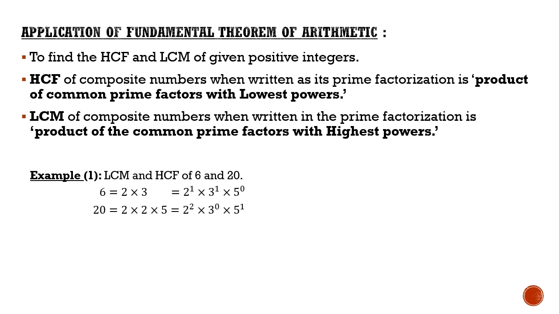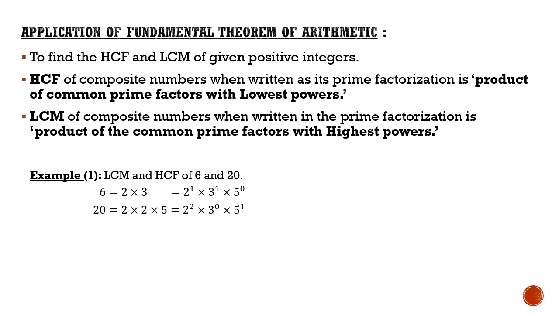For 20, we can write it in the power form as 2 raised to 2, 2 squared, multiplied by 3 is not there in the prime factorization of 20, but it is in the prime factorization of 6. So we'll take that 3 here with power 0. 3 raised to 0 means 1 only, and 5 has appeared once, so 5 raised to 1. So in this way, both the numbers 6 and 20 are written as a product of their prime factors, and the prime factors which were not present, we have written by taking power as 0. Getting it? So here we have made all the factors common.